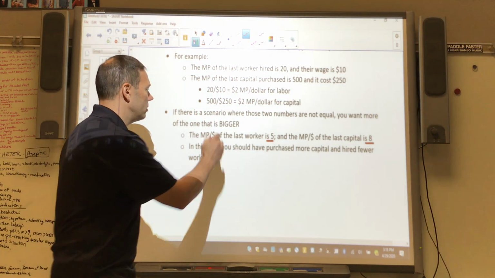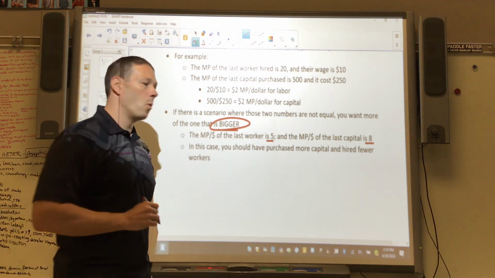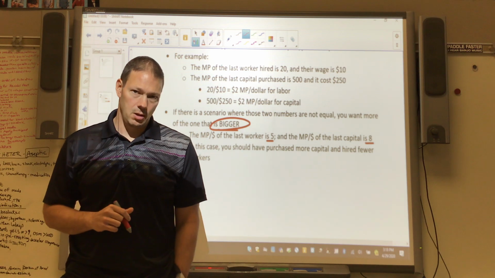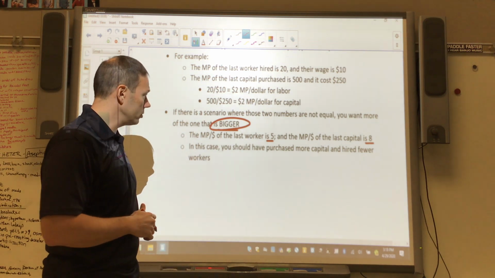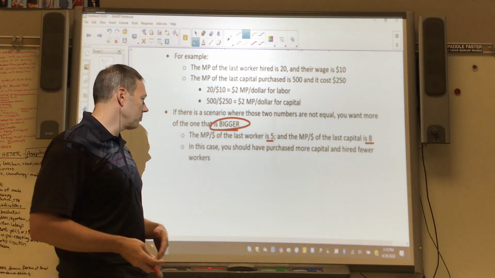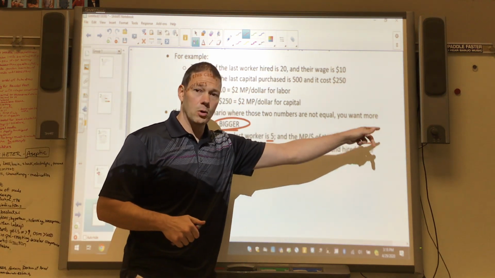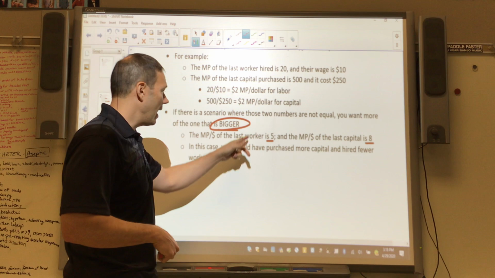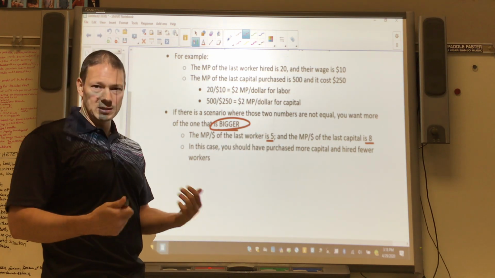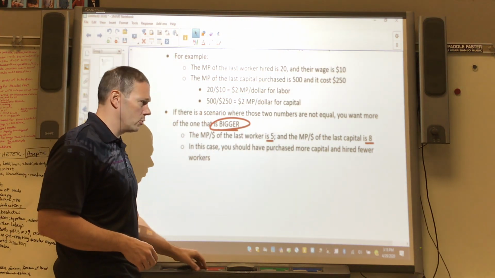In a situation like this, you always want more of whichever one is bigger and then less of whichever one is smaller. So the answer is going to be something like you should have purchased more capital because that is giving you a greater return per dollar, and hired fewer workers because that's giving you a lesser return per dollar.